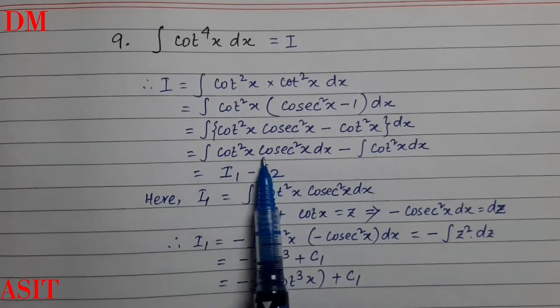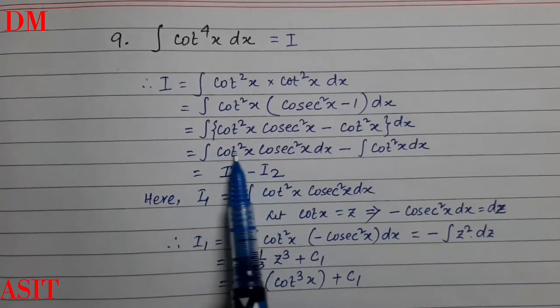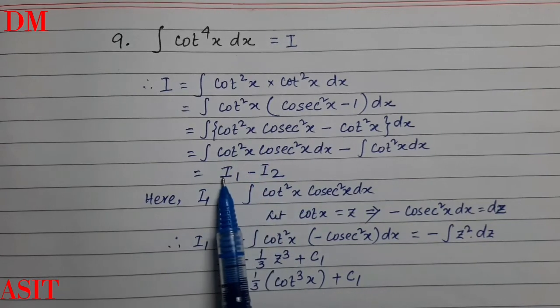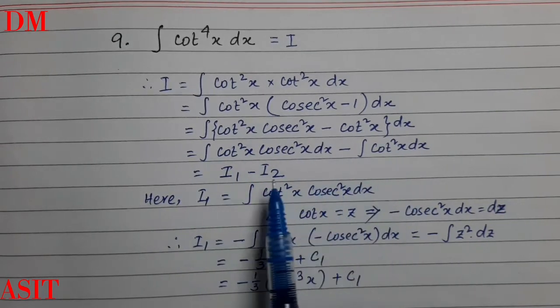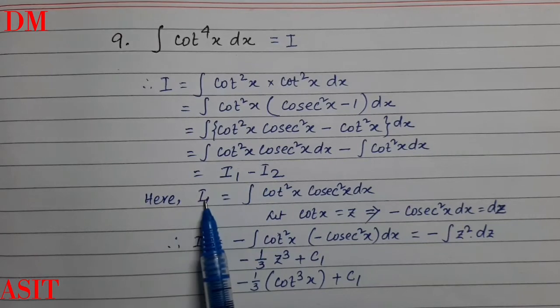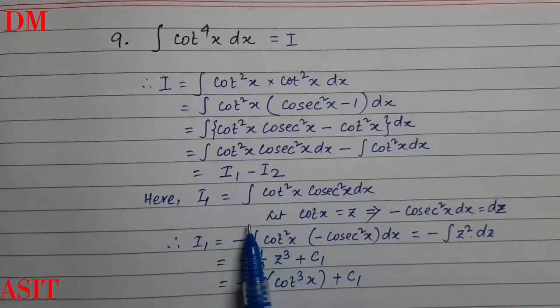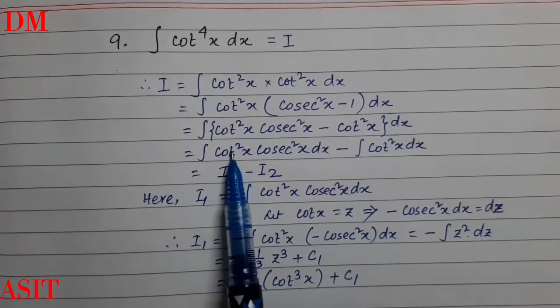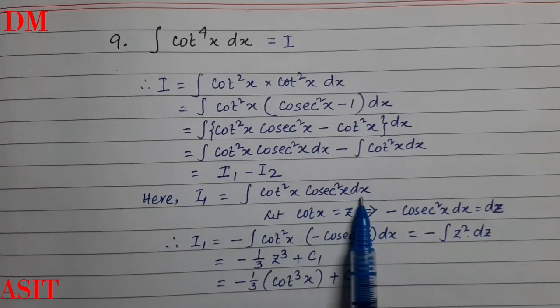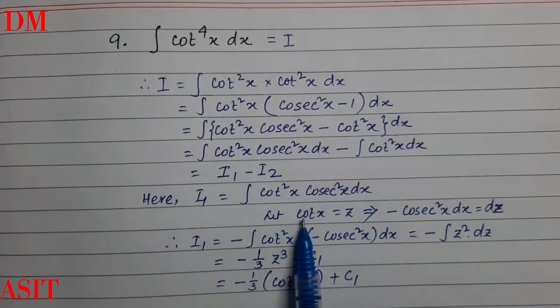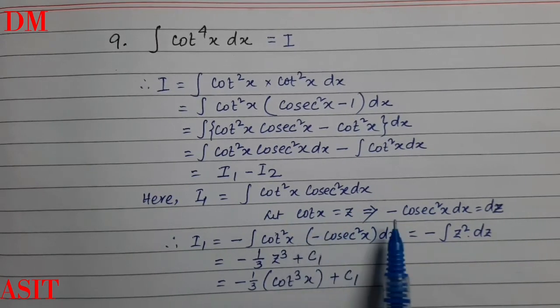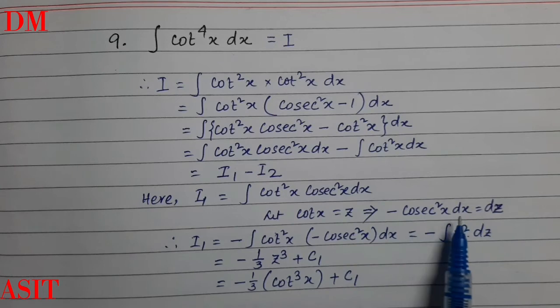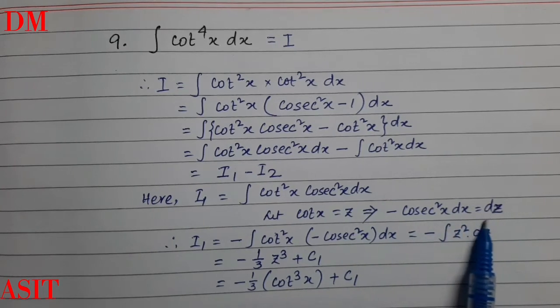So I have considered the first as integration I1 and the second as I2, and I will integrate both separately. Let us take the first integration I1, which is cot square x into cosecant square x dx. Here you can simply take cot x as z, so minus cosecant square x dx equals dz.